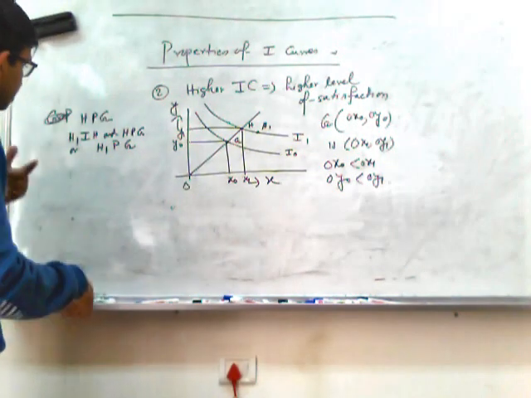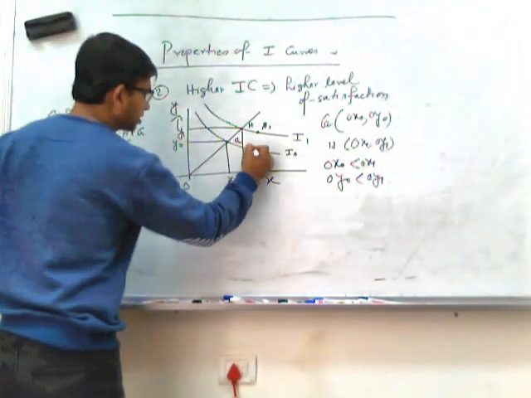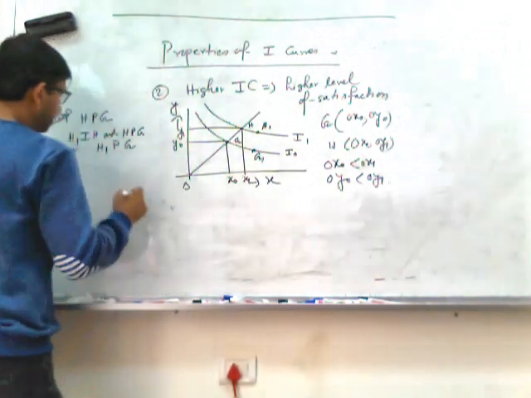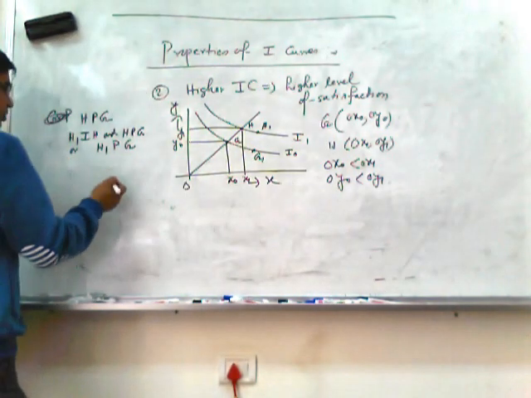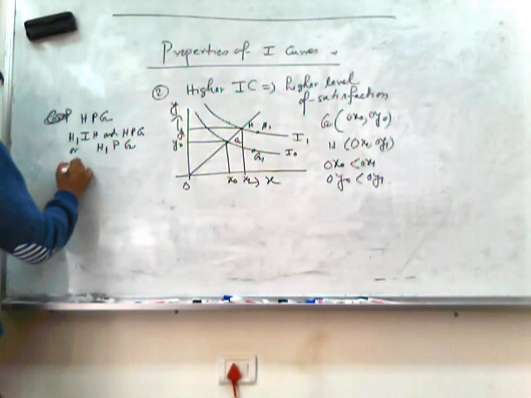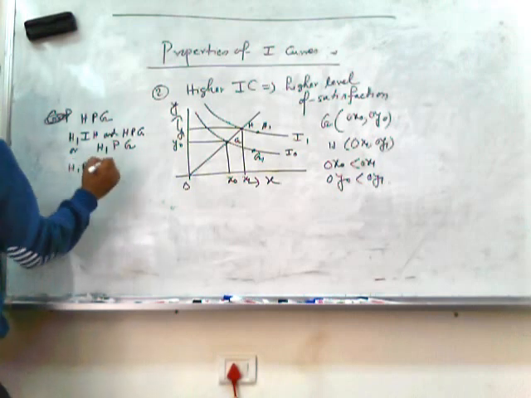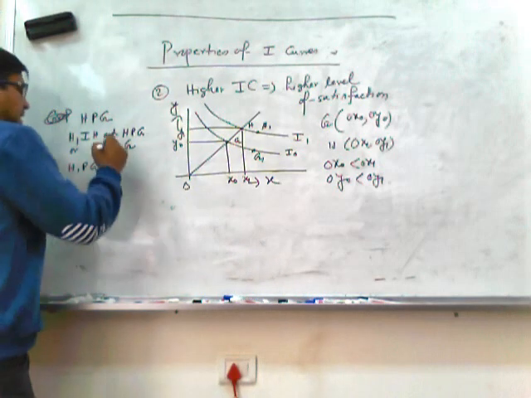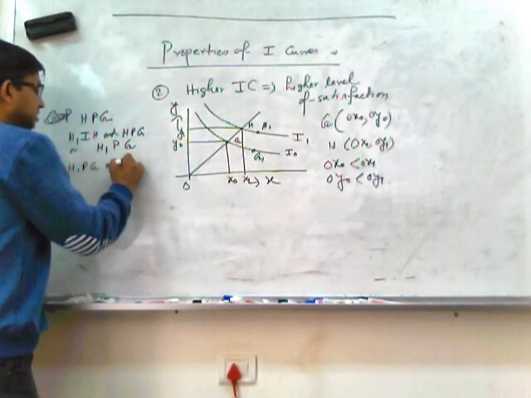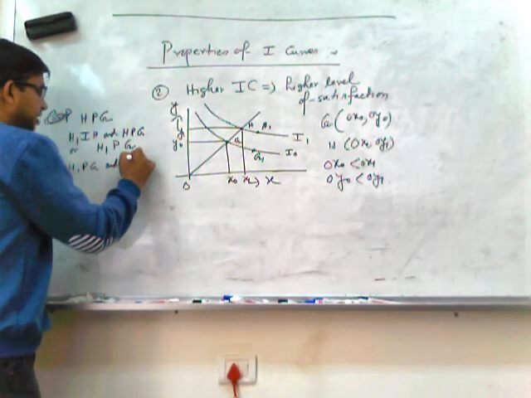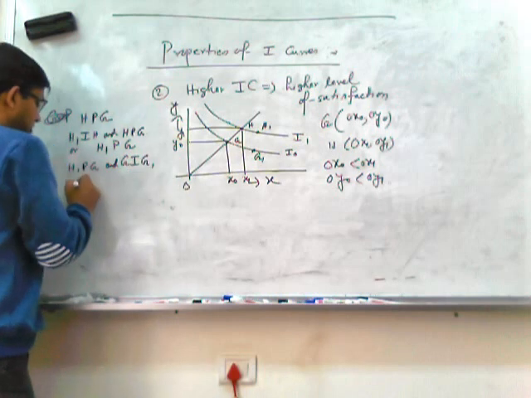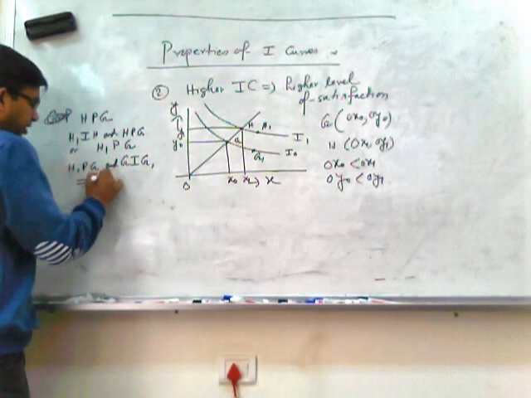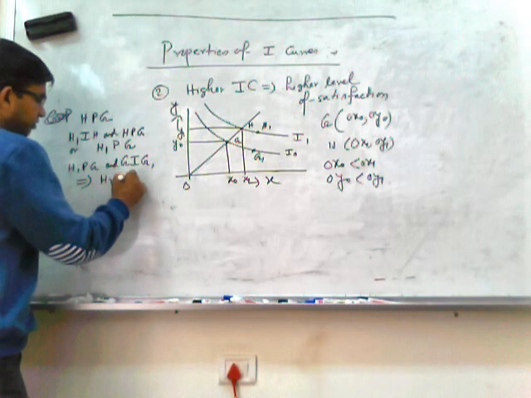So next, if we consider another point G1, let's compare between H1 and G1. So H1 is preferred to G, which we have already proved, and G is indifferent to G1. So by the axiom of transitivity we can write that H1 is preferred to G1.